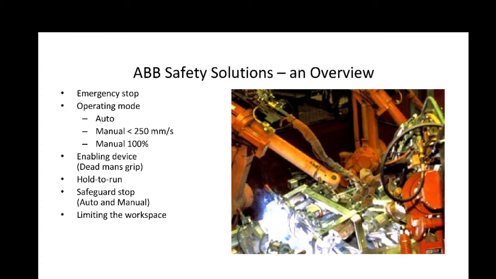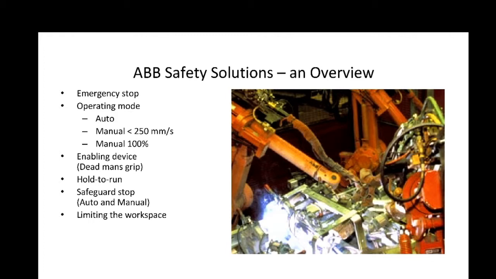In that sense, we have some safety features. Emergency stop switches are there in case anything dangerous is going to happen in front of us. We can stop the robot process using the emergency stop button.